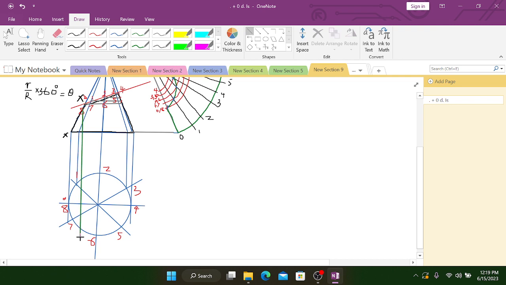These lines I am going to get directly downwards. Then from 1 and 7 I am going to get directly downwards. I am going to draw one line.